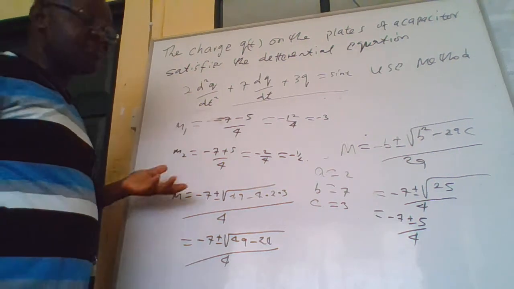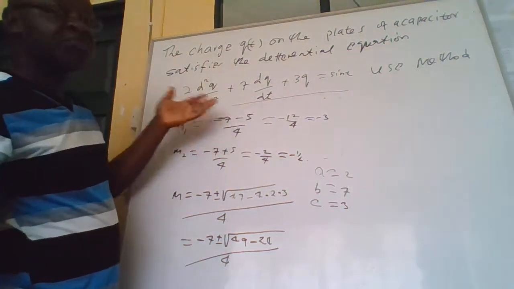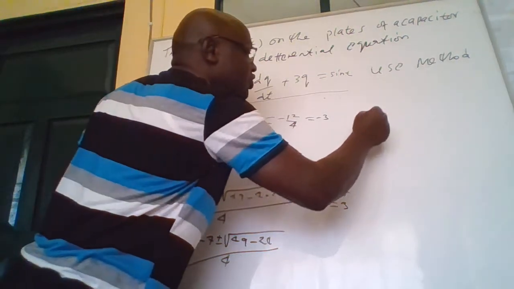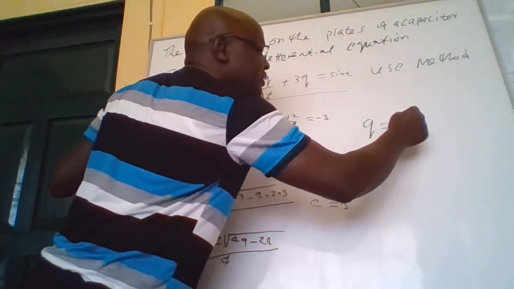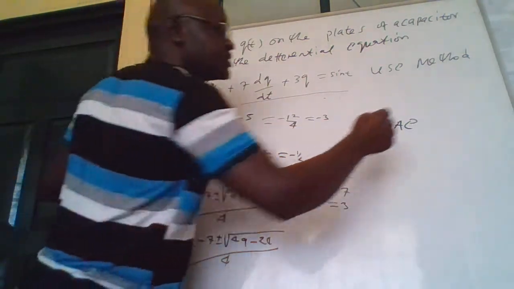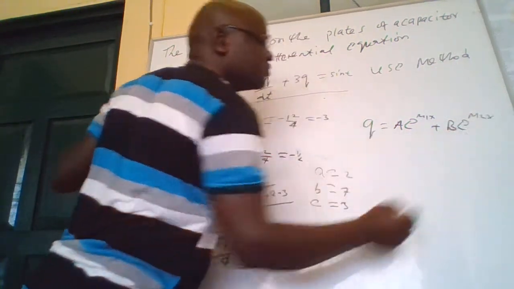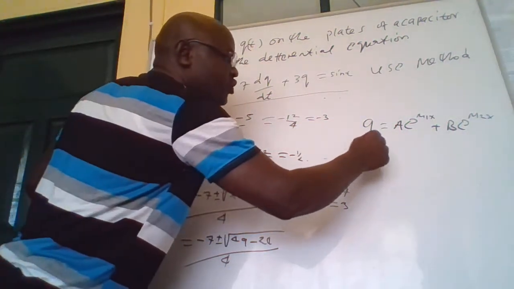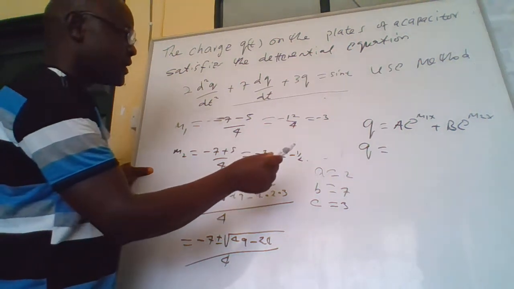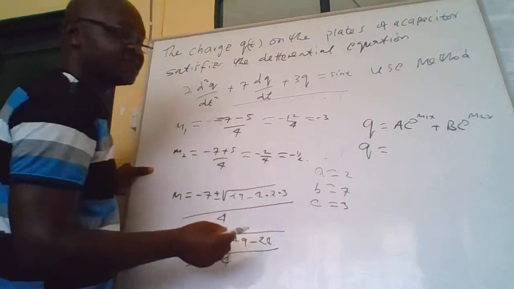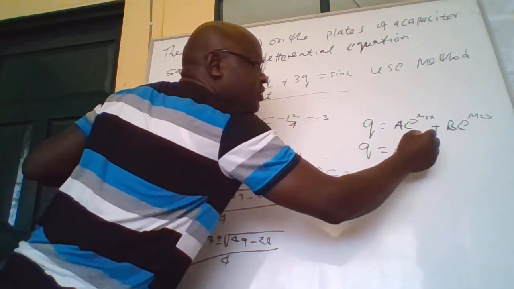Now, when you have M1 and M2, the complementary function will be Q = A e^(M1 t) + B e^(M2 t).